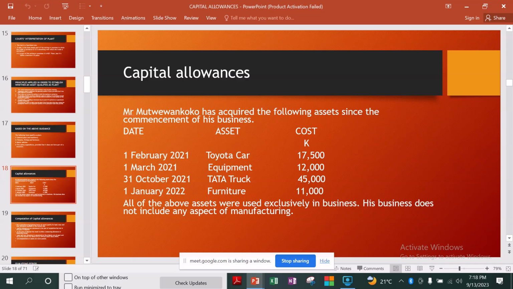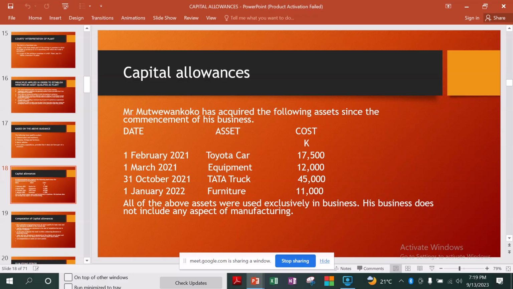For others, the implements, plant and machinery, as we have seen, is at 25%. So the examiner will be trying to signal to you to use an appropriate rate in this particular case. These implements, plant and machinery are not in manufacturing, but in the other sector, which talks about a 25% rate as opposed to 50%.